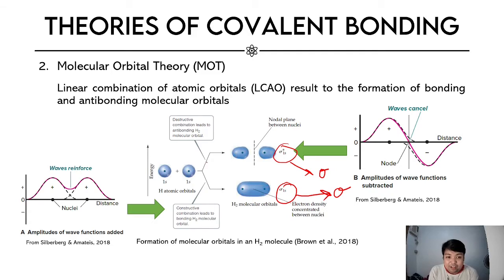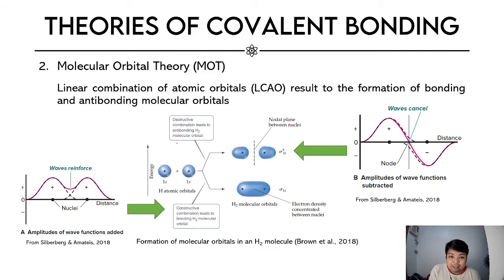Now, you see here that sigma overlap forms your sigma bonding orbital, which looks like a sigma bond in valence bond theory, and it's also cylindrically symmetrical. And we have the sigma antibonding orbital for the bonding in a hydrogen molecule.